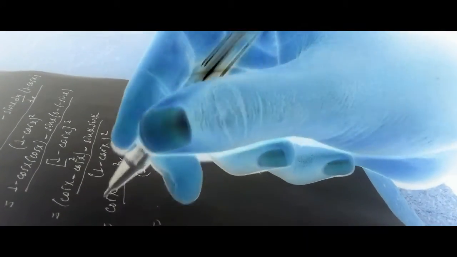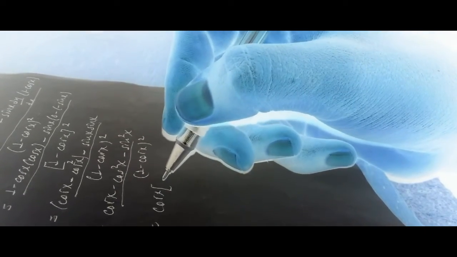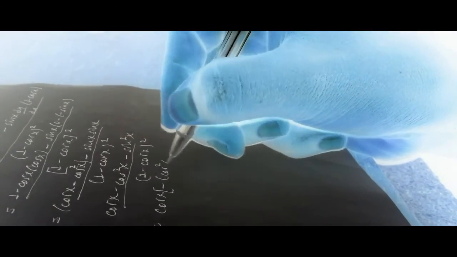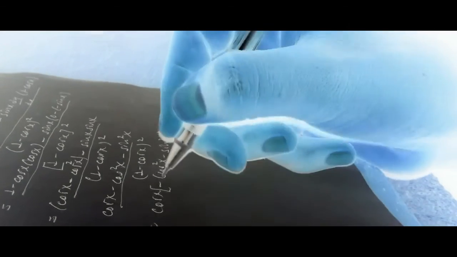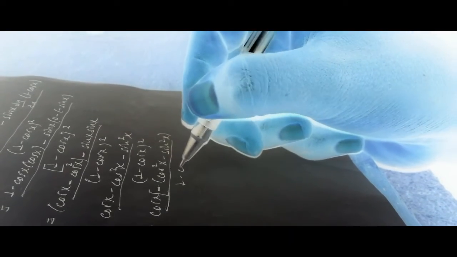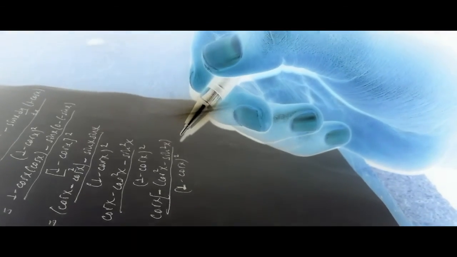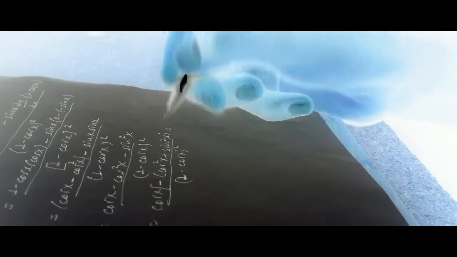Now minus is common, so cos x minus (cos square x plus sin square x) over (1 minus cos x) the whole square. By the way, cos square x plus sin square x equals 1.